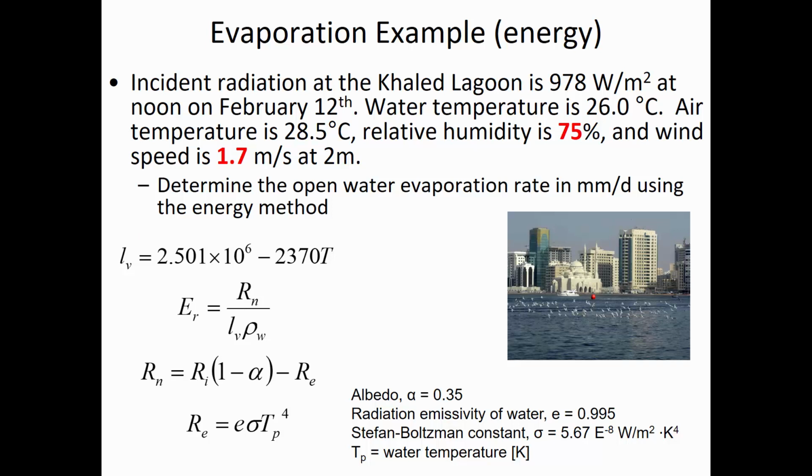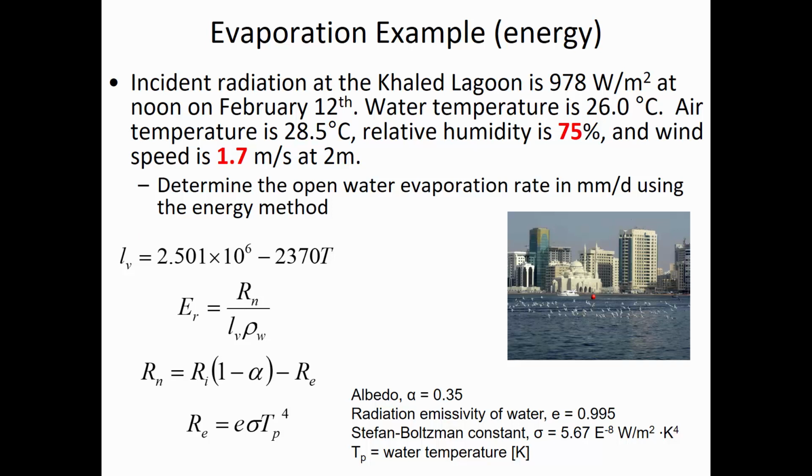R sub n is R sub I, 1 minus alpha, minus R sub E. Okay, so it was measured with a radiometer, the incident radiation there, 978 watts per meter squared. So that's how much is coming in, 978 watts per meter squared. 1 minus 0.35 because some of it's reflected, so we want to subtract out the part that's reflected, and all that's left over is the 65% that isn't reflected.